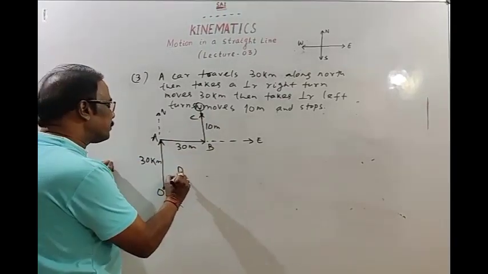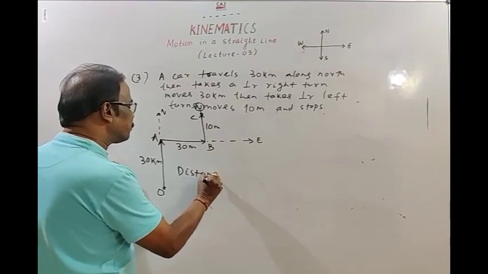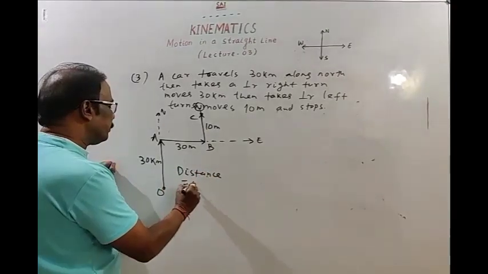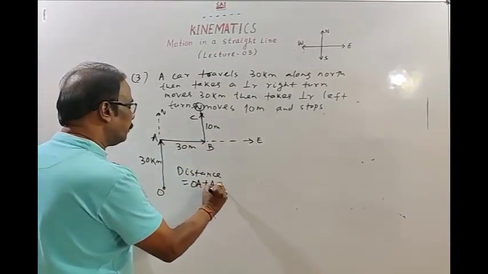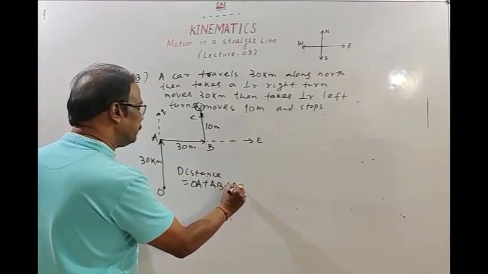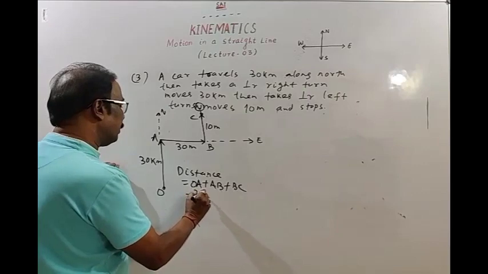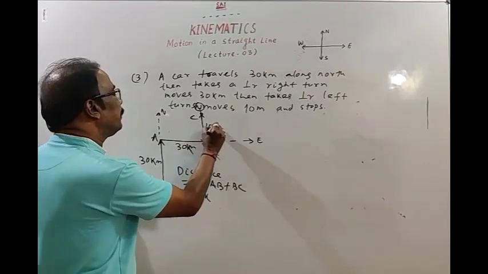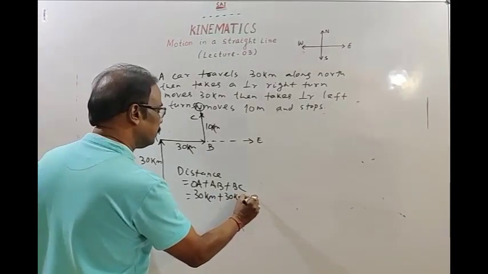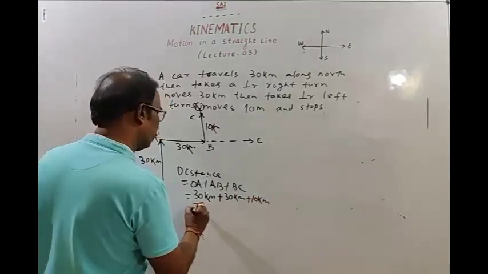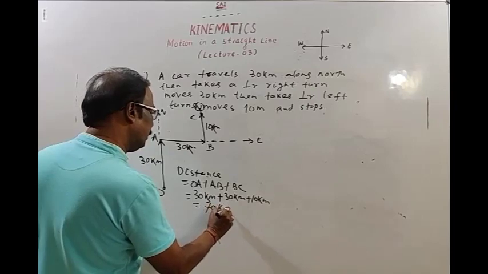Okay. Let's find distance first. Distance is the actual path length irrespective of direction. Path length OA, then path length AB, then path length BC. Total path length is 30 kilometers plus 30 kilometers plus 10 kilometers. So the total path length is 70 kilometers.